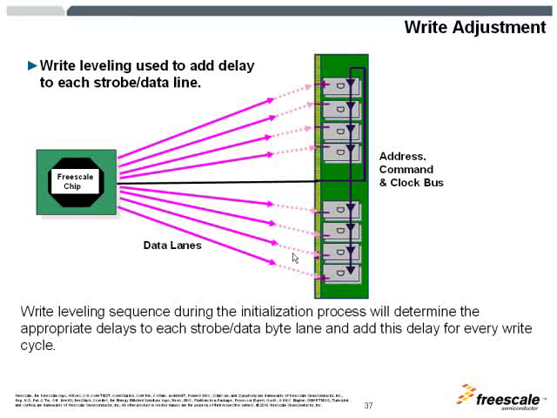All we need to do in the memory controller is select write leveling, and this process occurs automatically during initialization. So as you can see, both read and write are compensated for automatically, and a simple selection of this automatic adjustment takes care of the skews introduced by flyby topology.